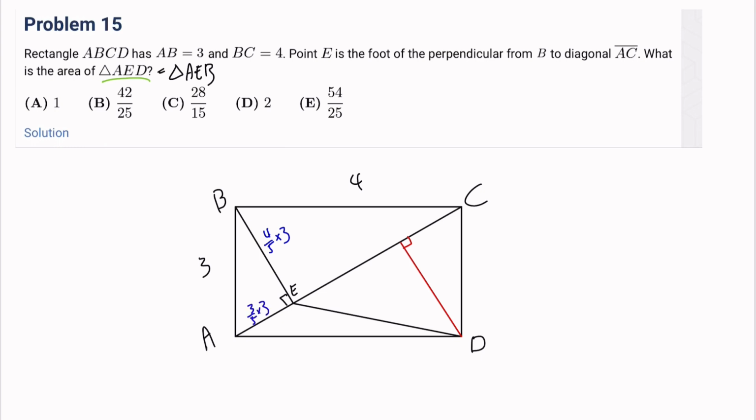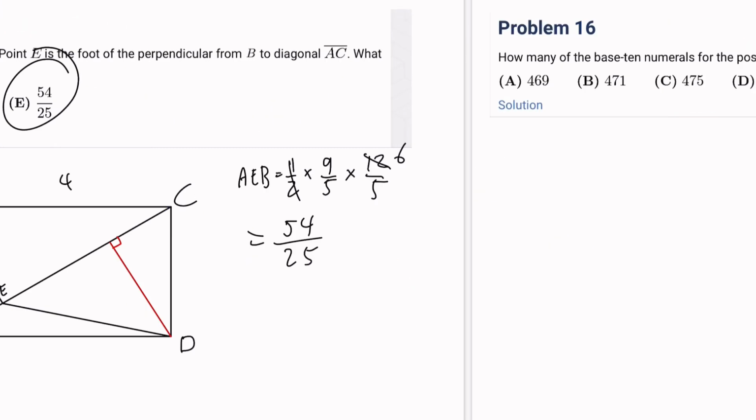And so AEB equals half times this, which is 9 over 5, times this, which is 12 over 5. And so these two cancel to give 6, and 6 times 9 is 54 over 25. So the answer is 54 over 25, which is E.